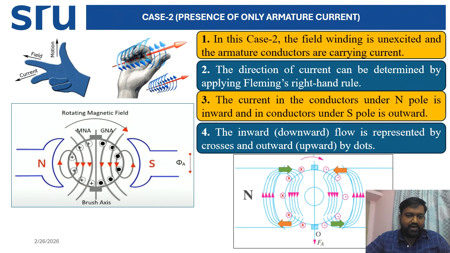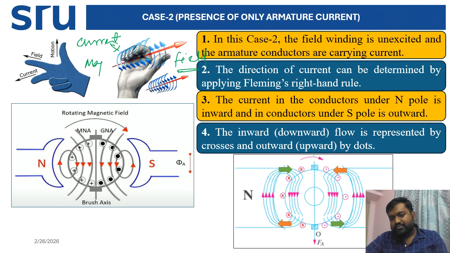If your finger indicates the current, then what will happen? The thumb indicates the magnetic field. If your thumb indicates the magnetic lines, then the finger indicates the current direction. That only you have to remember.